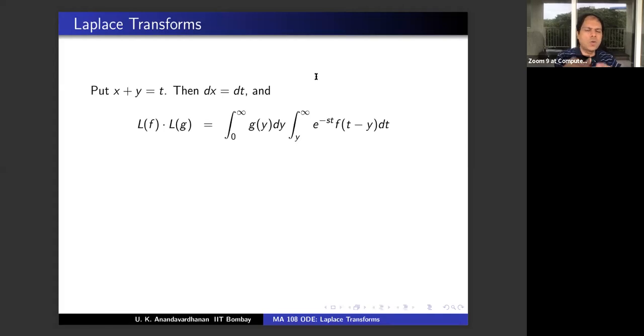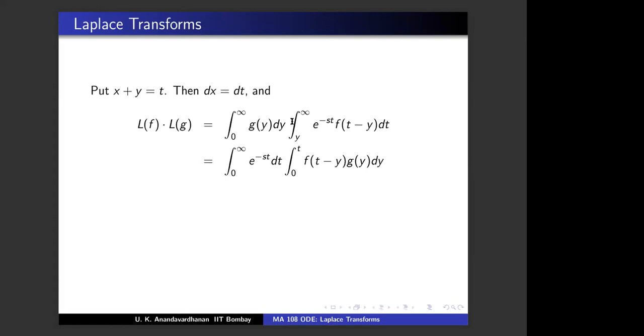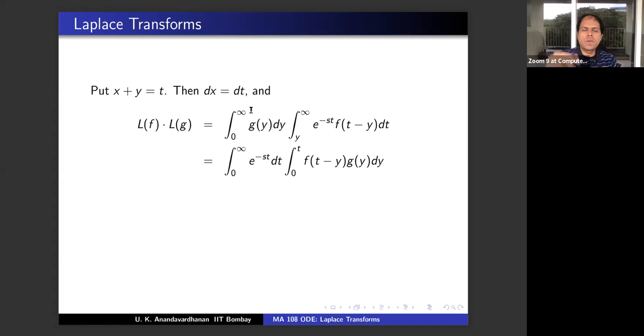And how do you typically handle a double integral like this? You have done double integrals in calculus. So here you have the t axis and you have the y axis. t is going from y to infinity and y is going from 0 to infinity.